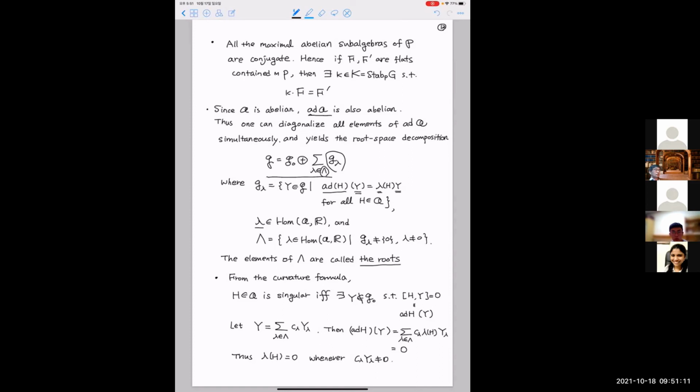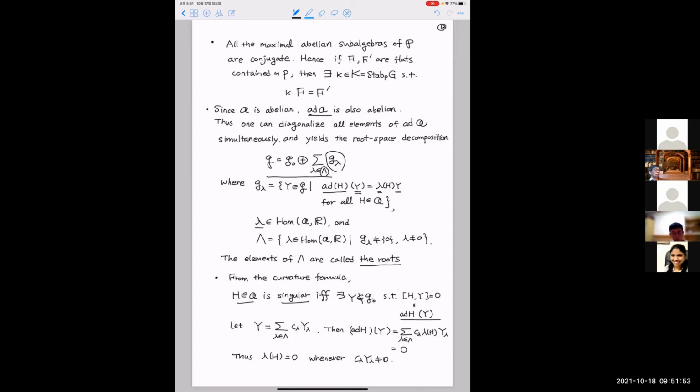From the curvature formula, if H, a vector H in A, is singular, then there exists some Y not in G naught, because every vector of G naught commutes with H, so it has no information. So there is a Y not in G naught such that the bracket of H and Y vanishes. This is the adjoint Y.